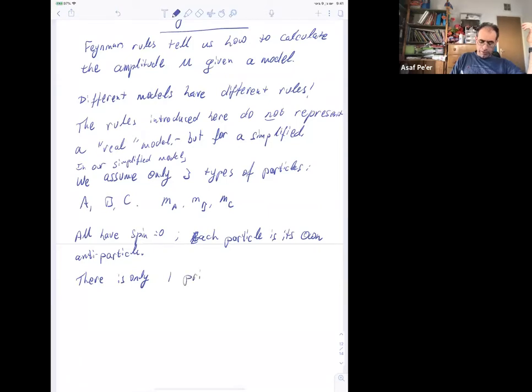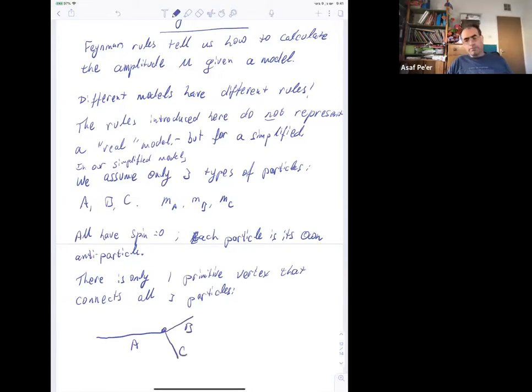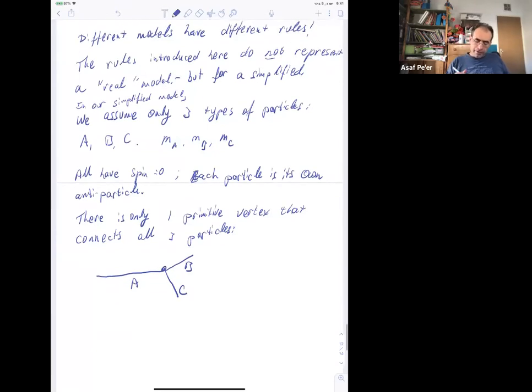It looks like this: particle A, particle B, particle C. And let's say that the coupling constant of this vertex is G.